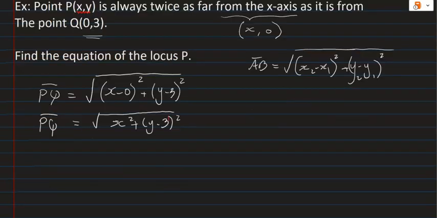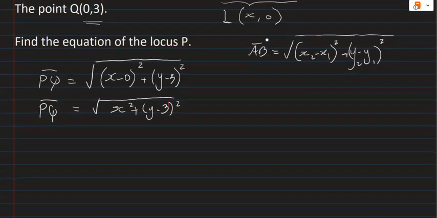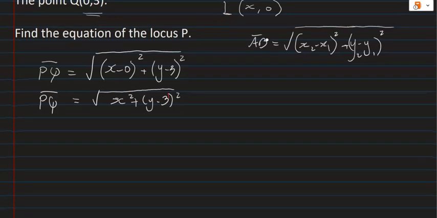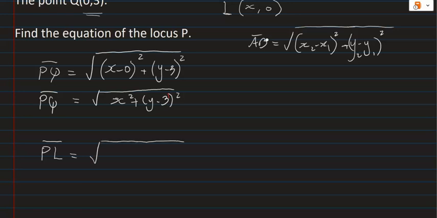To make it simpler, let's label the coordinate (x, 0) as point L. So now our next step is to find the distance between P and L. We're going to use the same formula, and remember, we are using the same x and y for the coordinates of P. So these are the two points we're using: (x, y) for P, and L is (x, 0). We plug that in.